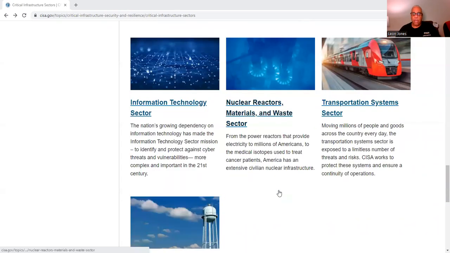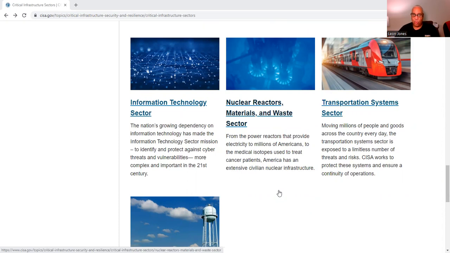Now, one that's really big, the IT sector or the information technology sector. Now, the nation's growing dependency on information technology has made the information technology sector's mission to identify and protect against cyber threats and vulnerabilities more complex and important here in the 21st century.